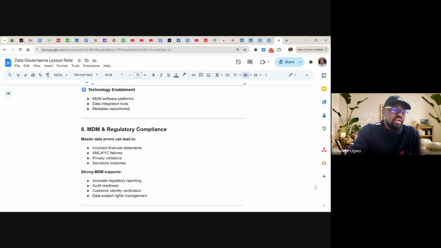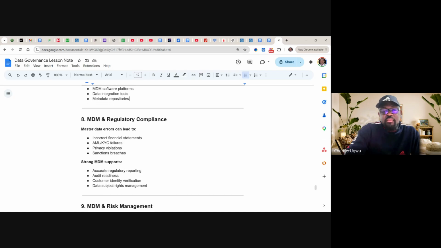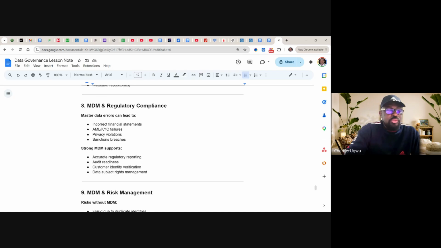When you have strong master data management support, it is going to help you increase the accuracy of regulatory reporting, audit readiness, customer identity verification, and data subject rights management.